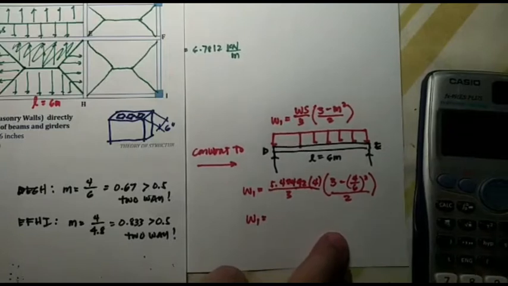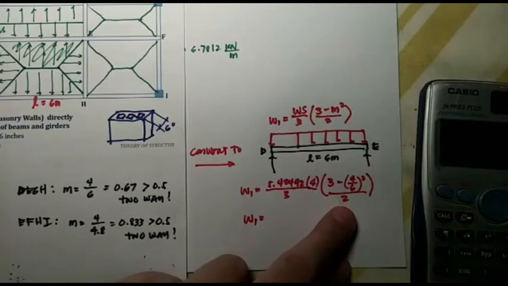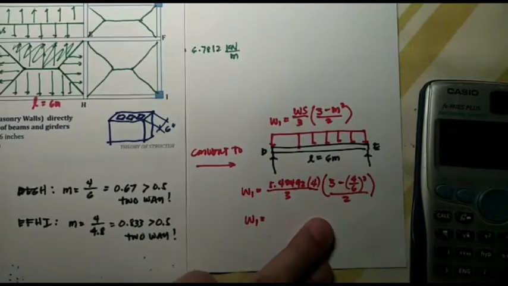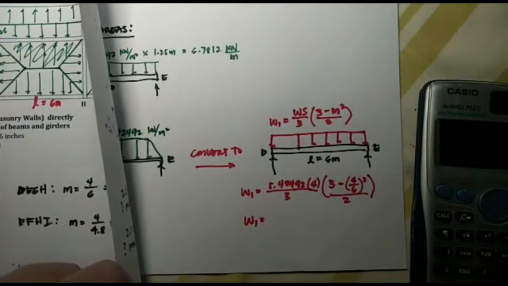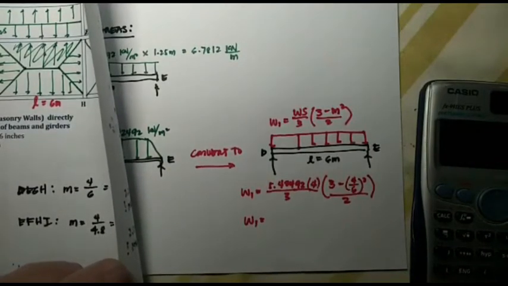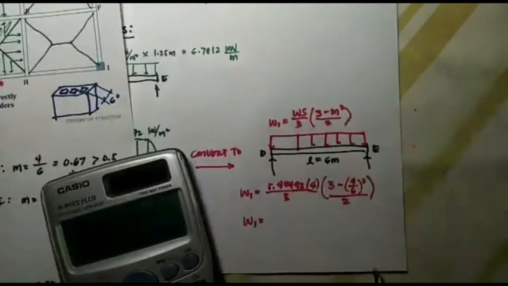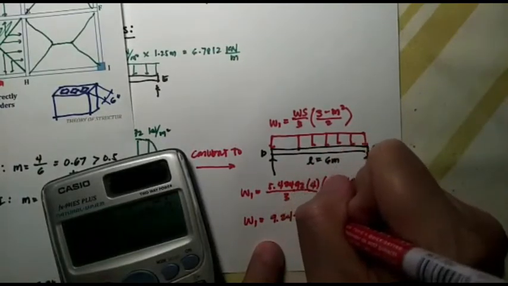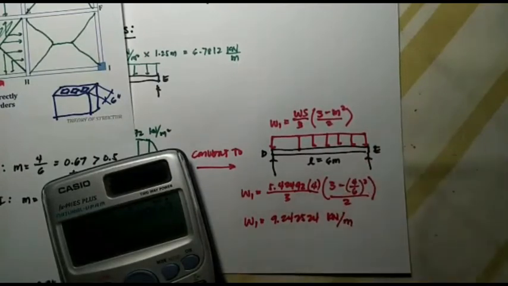So, 3 minus 4 over 6 square divided by 2. So, times 4 times 5.42496 divided by 3. So, I got 9.242524. That's already kilonewton per meter na.